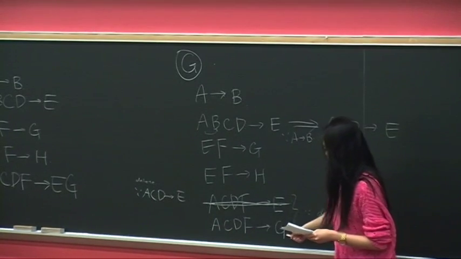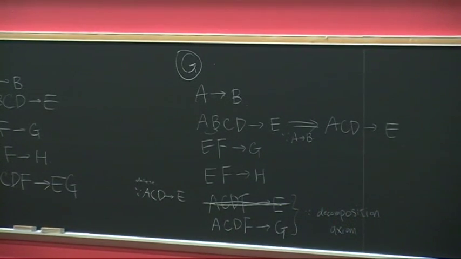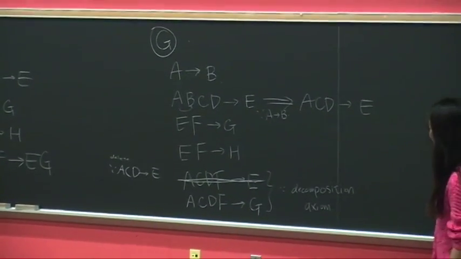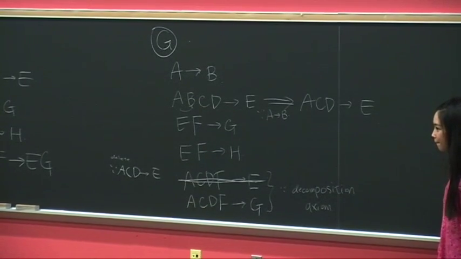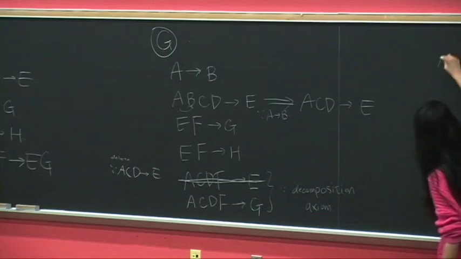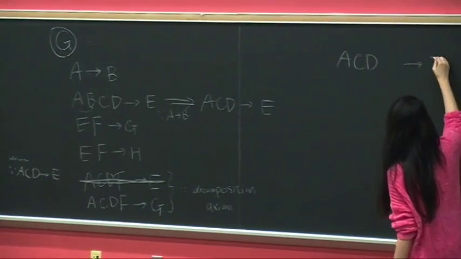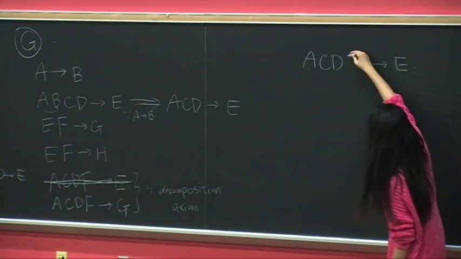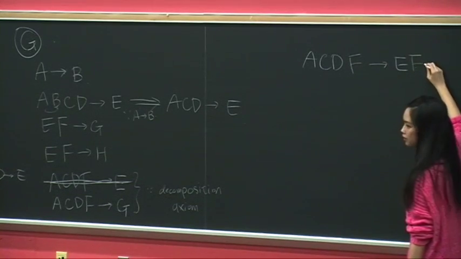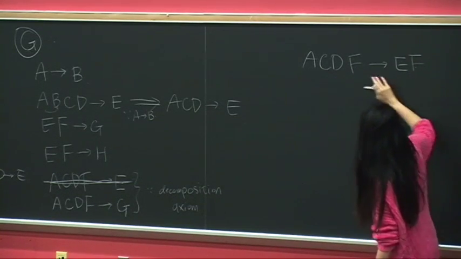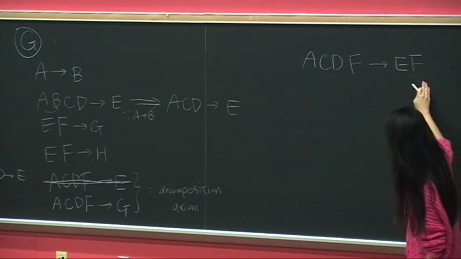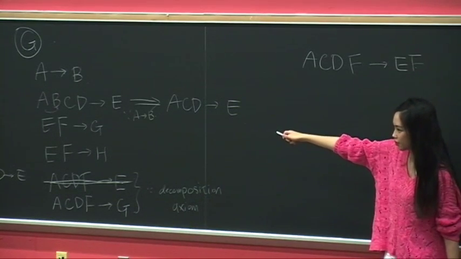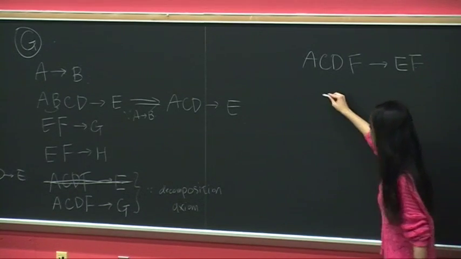Now this one, ACDF determining G. Do you think it's necessary? Where did you find it necessary? From here, we actually have ACD determining E. And if we do this, what's it called? Augmentation. It's the augmentation, right? If you do ACD determining E and augment both sides with F, now we have ACDF determining EF, and you find an EF on the right-hand side.